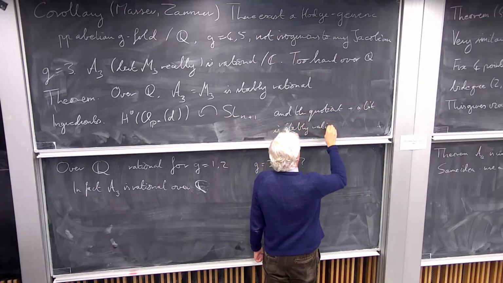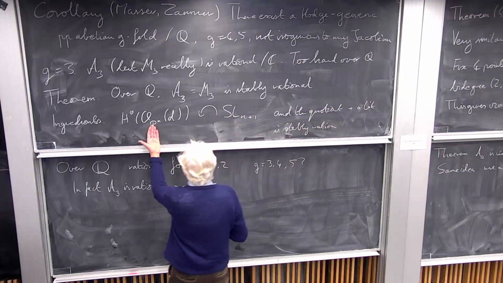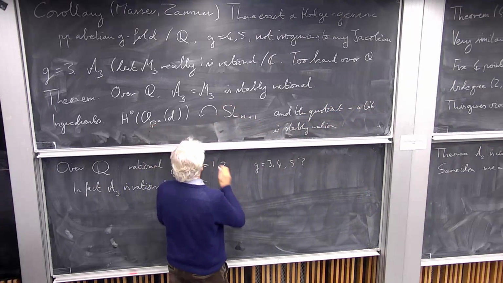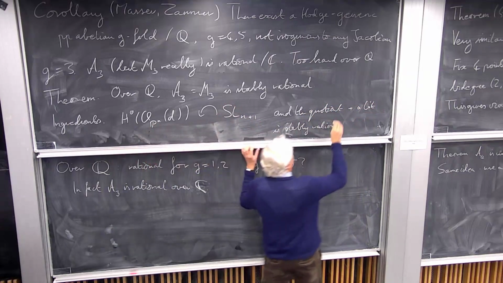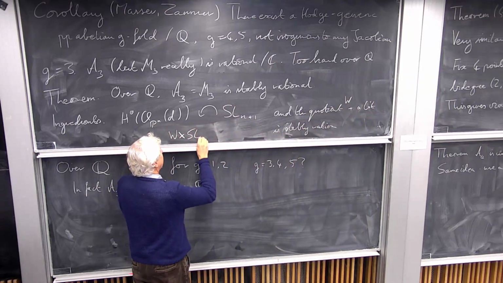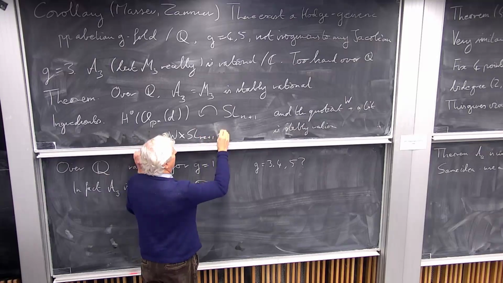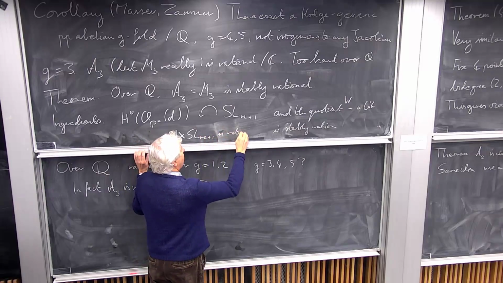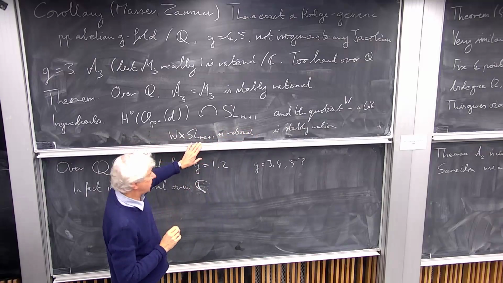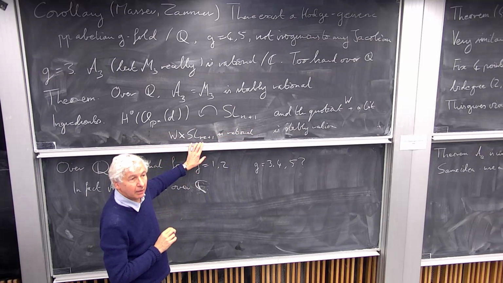And the thing is that what's rational is this quotient cross SL_n. So the quotient, let me call this W, W cross SL_{n+1}. That's the thing that's rational. And so the point here is that SL_{n+1} is rational.